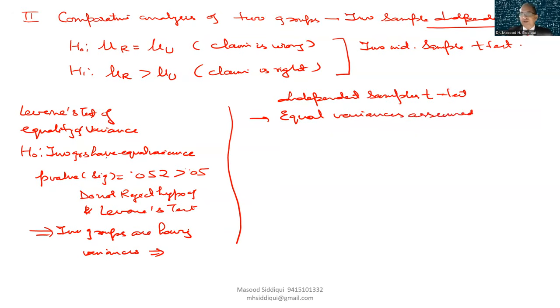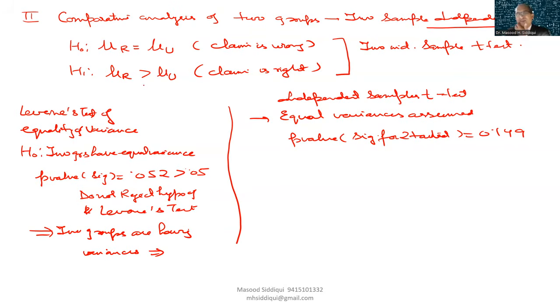Remember, if this p-value of the Levene's test is less than 0.05, when we reject H naught, then instead of equal variance, we will be discussing unequal variance, right? So here we will be discussing equal variance. So as I have shown you also, in this case, the p-value or the significance for two-tail is 0.149. I will be showing you that again, right?